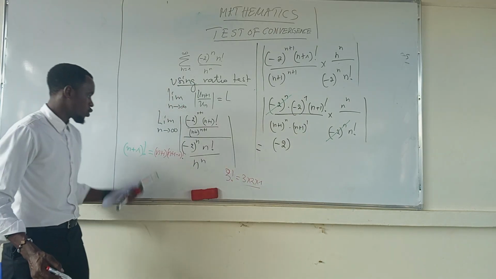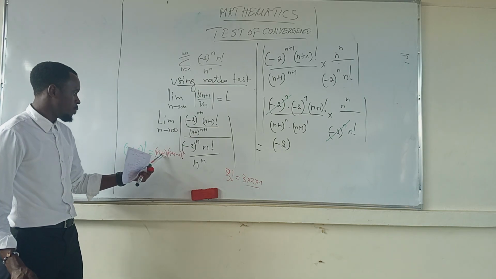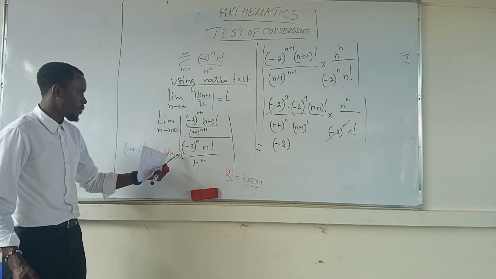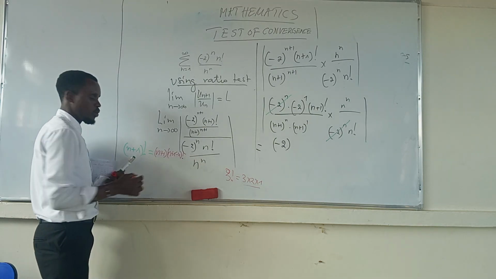If you follow this rule, you will get that n plus 1 factorial is equal to n plus 1, then n plus 1 minus 1. You see, the negative 1 and the positive 1 will cancel.